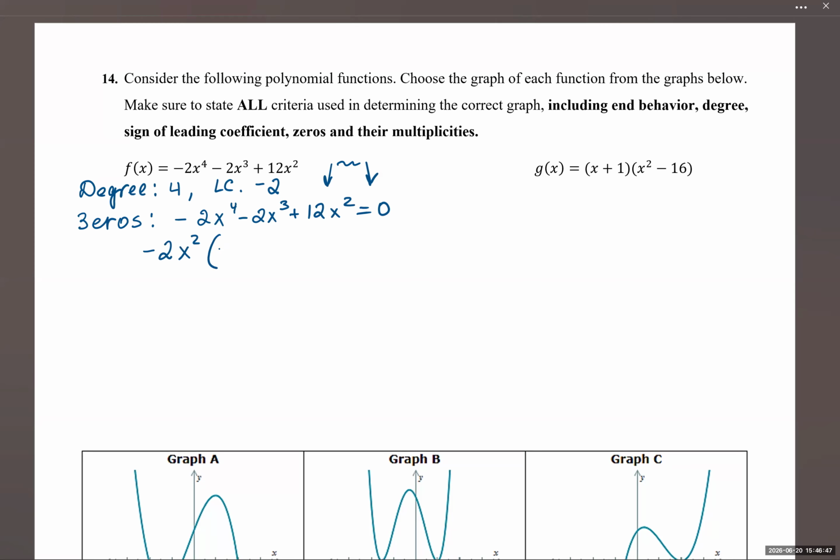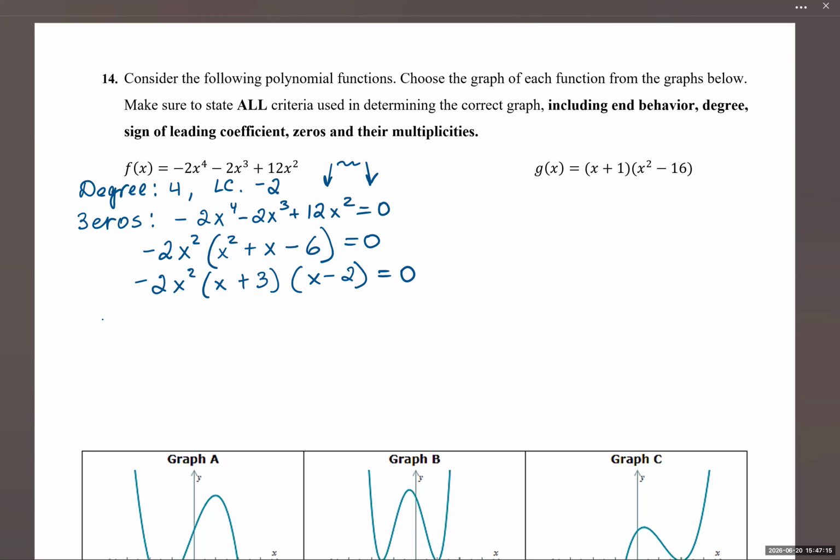So this will become positive x^2 + x - 6 = 0. We'll keep going here to factor it completely. Two numbers that multiply to -6 and add to 1. That's 3 and 2. 3 is positive, 2 is negative.